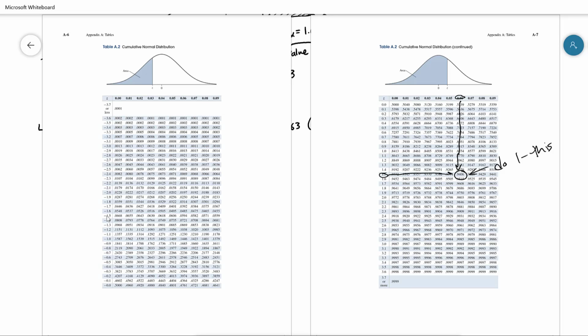So here's negative 1.5 over on this side. There's negative 1.56. And there's the number that I'm looking at. So either way, whichever one you want to do, this is our p-value right here, 0.0594. So let me delete all of this.